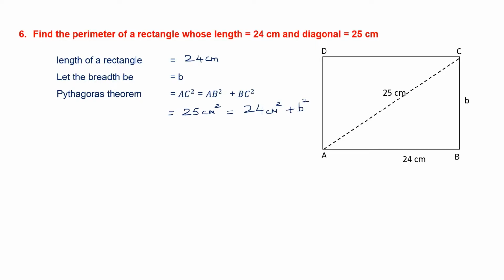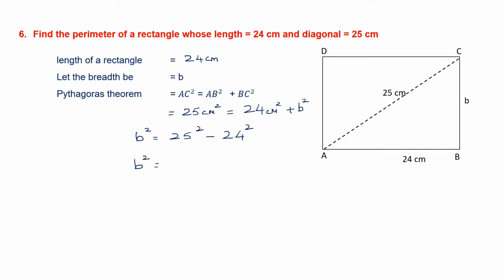Now we need to find the value of B, isn't it? So B square will be equal to 25 square minus 24 square. So let's find the values of 25 square and 24 square.